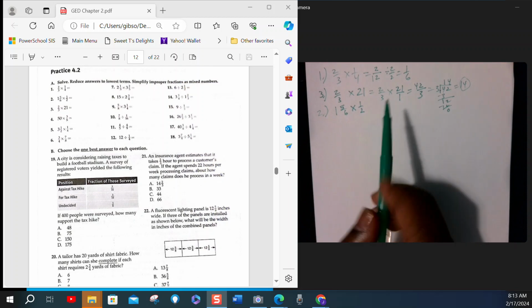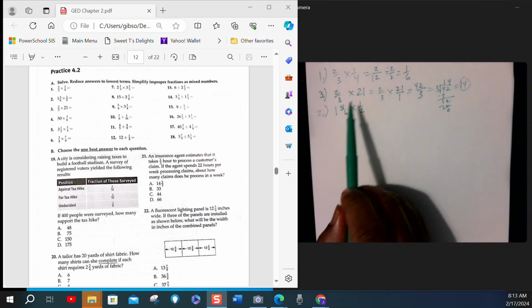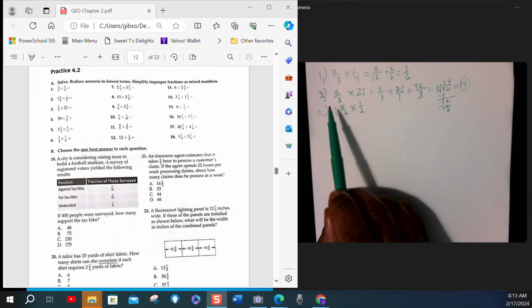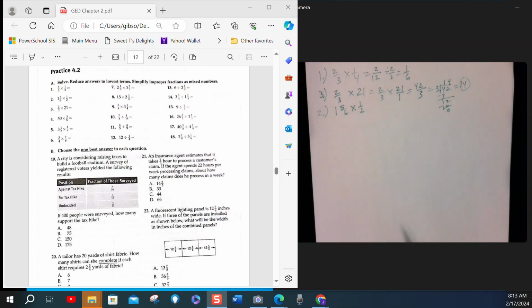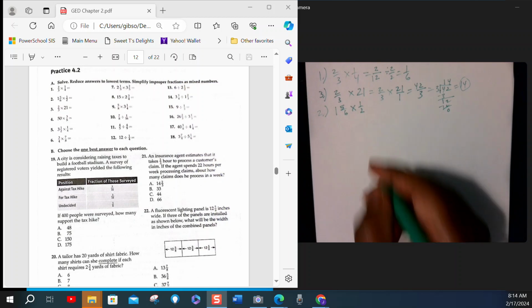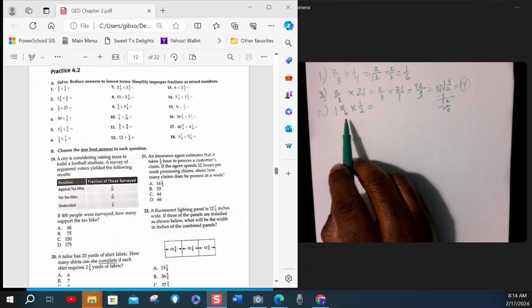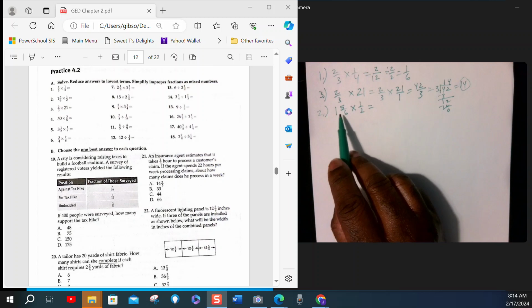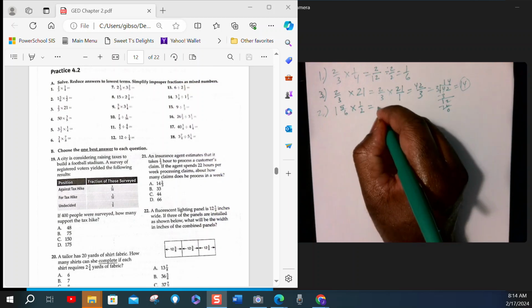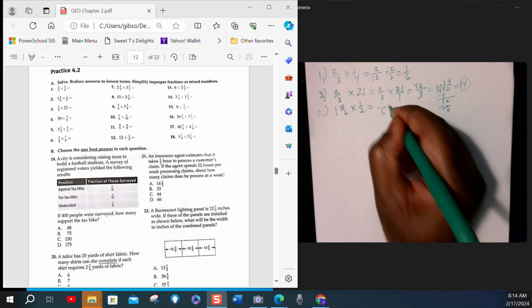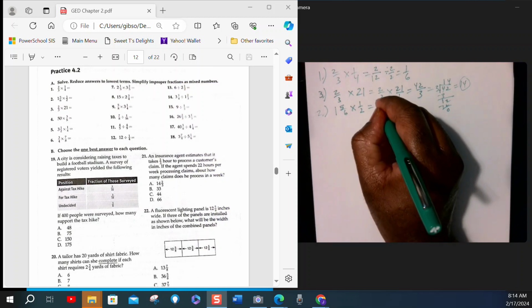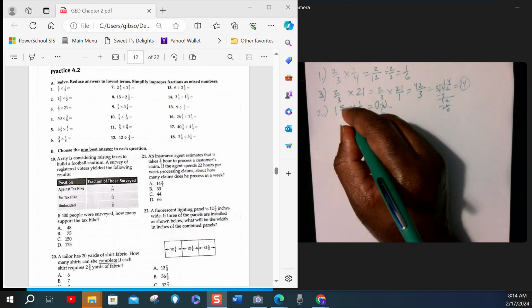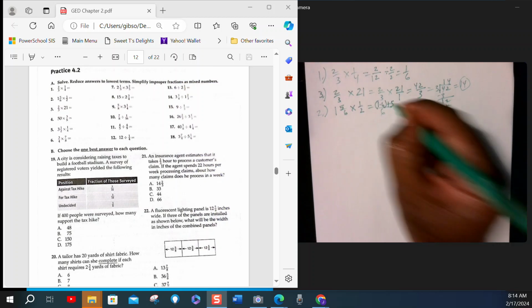Now, just like the whole number here, we have to make this mixed number into a fraction. You never multiply mixed numbers. You always change them to improper fractions. So we know changing this mixed number to an improper fraction goes like this. Our denominator will remain the same. Our numerator, we would take the whole number times the denominator, which is 1 times 6, and add the numerator, plus 5.